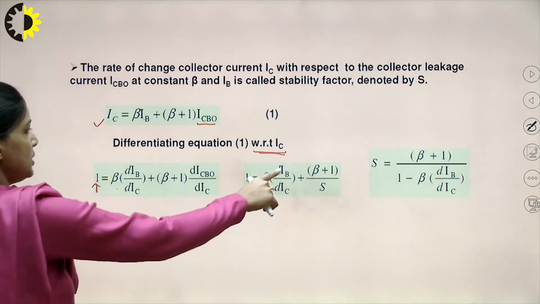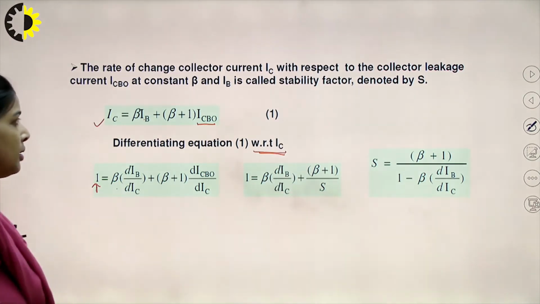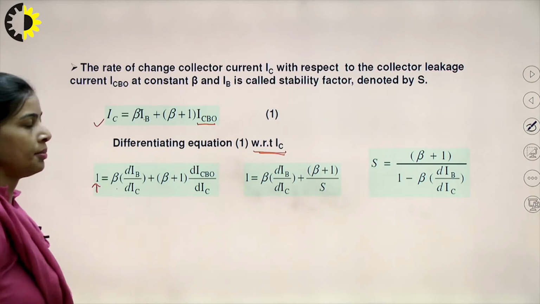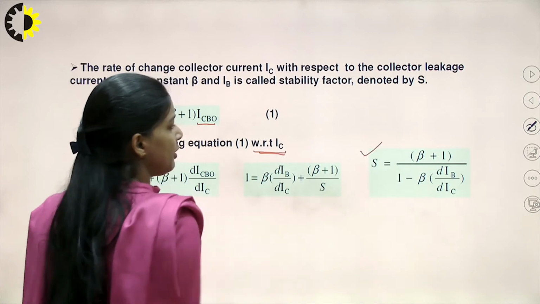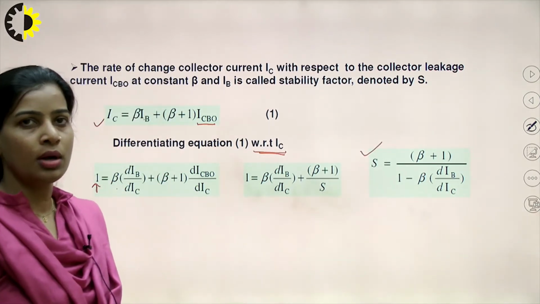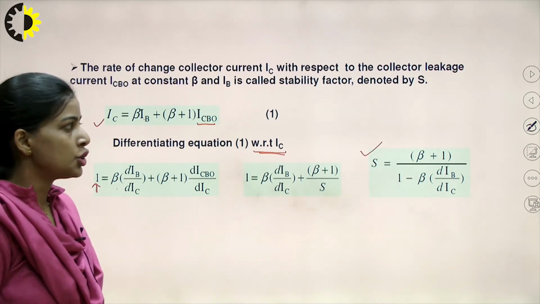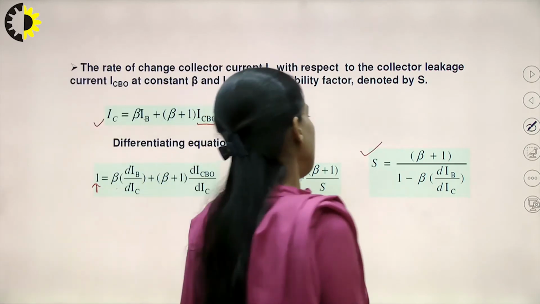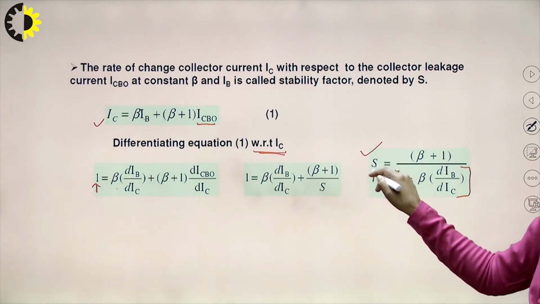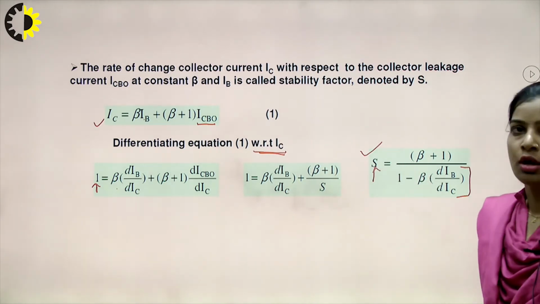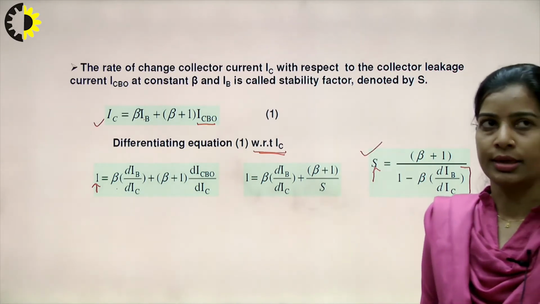So, beta dIB upon dIC is equal to 1 minus beta plus 1 by S, as we have replaced with the previous definition of the stability factor. So, we get the stability factor S as beta plus 1 upon 1 minus beta dIB by dIC. For the different biasing configurations, we will calculate this value of dIB by dIC, and we can find the stability factor with the dependence of beta and IC for the different biasing circuits.